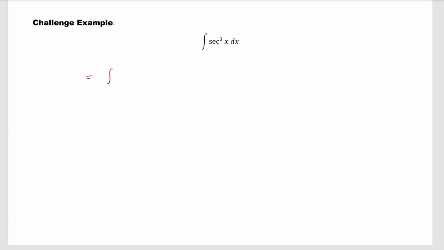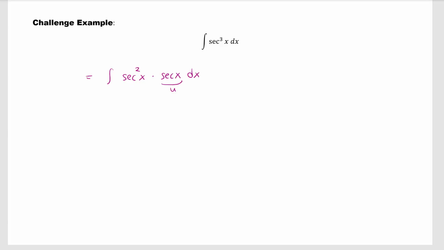So what I do is I want to try to split. Here, do you realize secant squared is the derivative of tangent? So I want to try to use integration by parts.